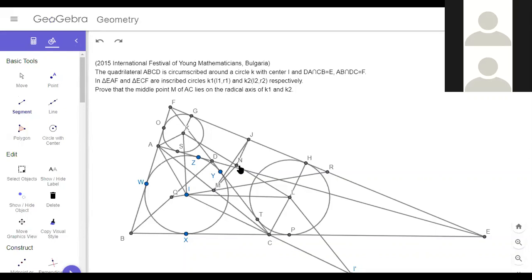I think all we need here is an angle change. So yeah, angle NMA is 90 and angle NJG is 90, right? We just have to show KN is perpendicular to JM, right?